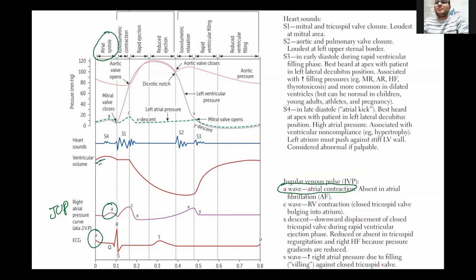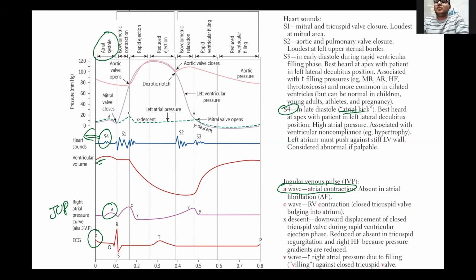What will happen in atrial contraction or atrial systole? S4, if there is any pathology. Very important: S4 occurs when there is a problem in the atrial kick. This is the atrial kick. So whenever a patient is of old age, hypertensive, or has hypertrophic cardiomyopathy, these all have the atrial kick producing S4, because of a very important point, that is high atrial pressure.